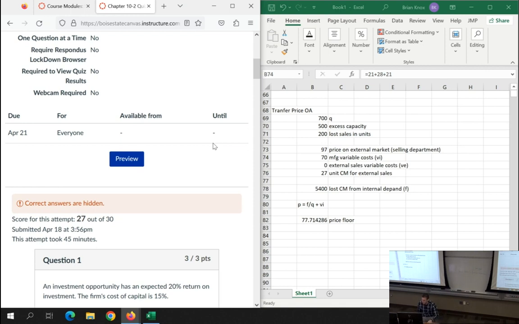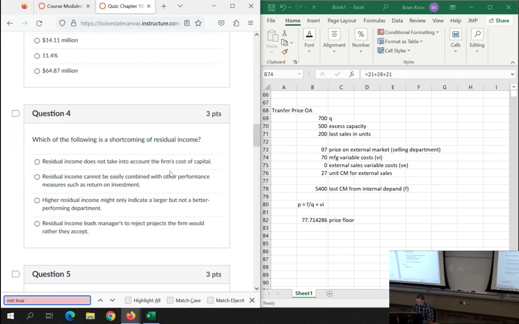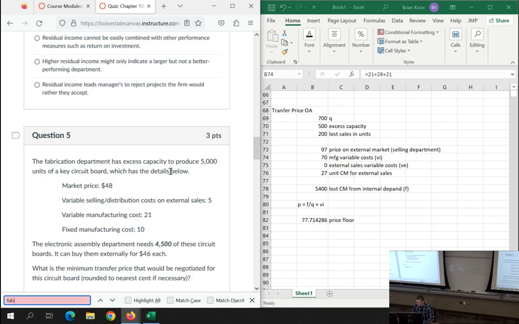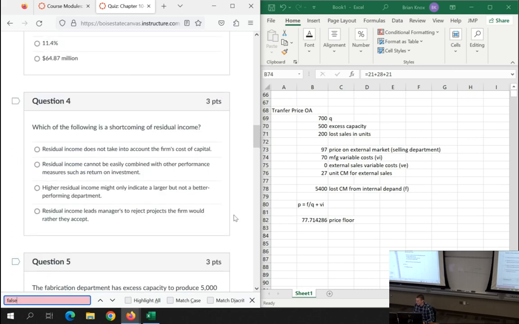We'll see how much luck I have, how quickly I can do that. Not true is a phrase that's in there, right? It's false. You like question 4? Okay. Well, since it's here, let's go over that one, and we'll come back to that one.